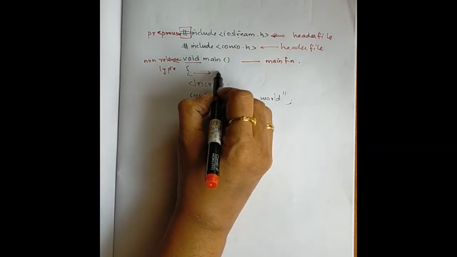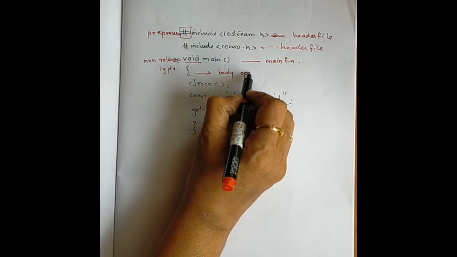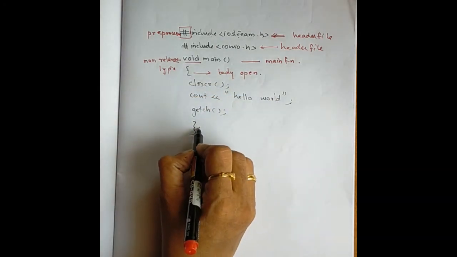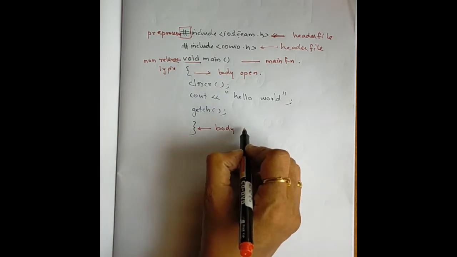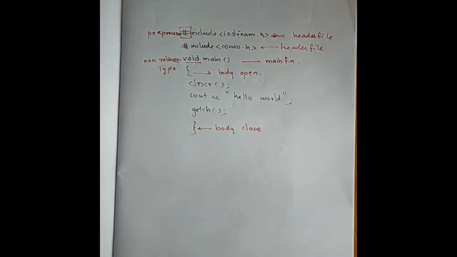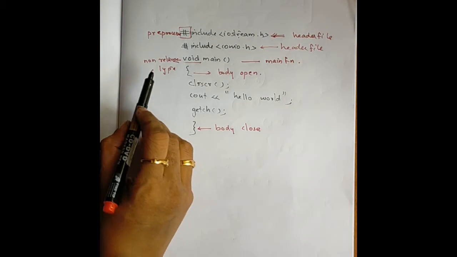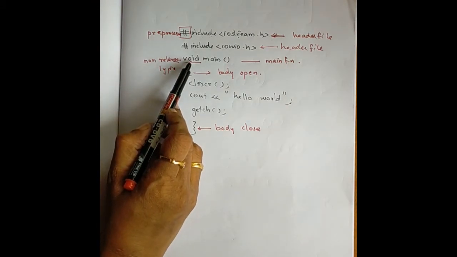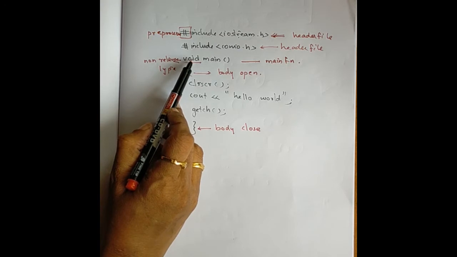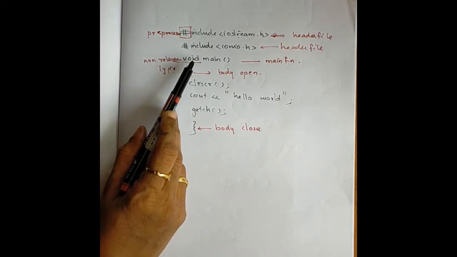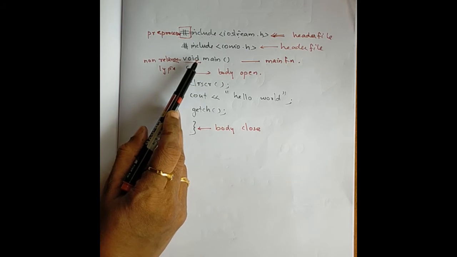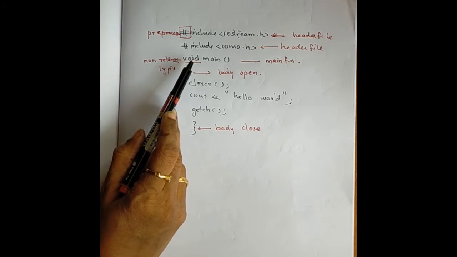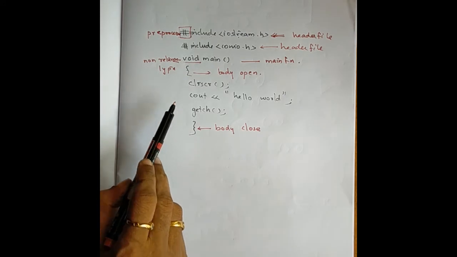Here is the body open, and there is the body close. This void is a keyword. It indicates that no value is being returned by the function. If we use any other keyword like int, float, char, etc. in the place of void, then we will definitely use the return keyword.